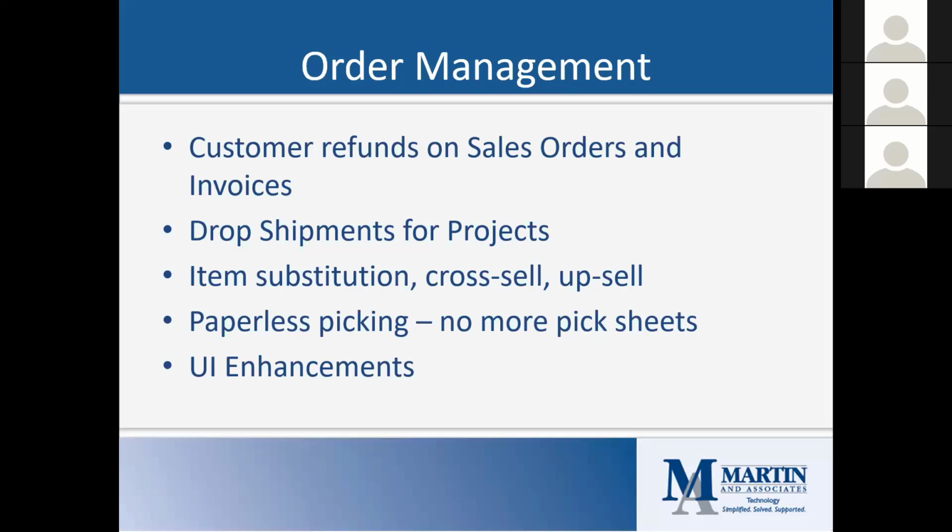Paperless picking. So if you're using the Acumatica warehouse piece around the pick, pack, ship stuff, and you've got your handheld devices, instead of having to print out a pick sheet with barcodes on it and all that fun stuff, using the Acumatica mobile app on those barcode scanning machines, you can just pick that order or have that order assigned to you, or pull it out of a picking queue and just start going through and picking everything right on the device.